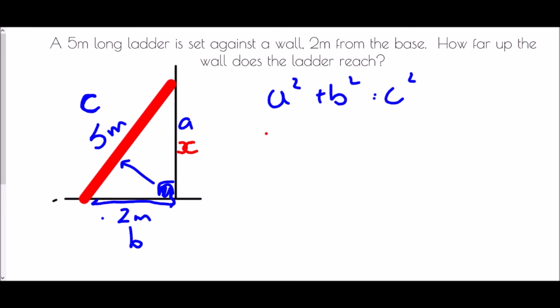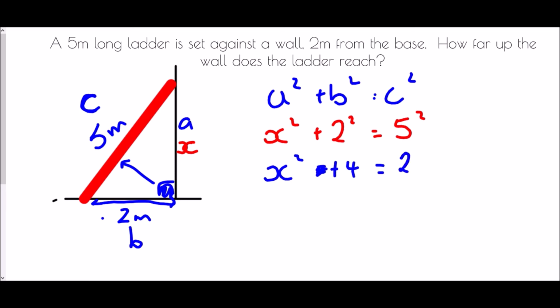Well, A is x, B is 2, and C is 5. And so let's just work out each value in there. Well, 2 squared is 4, 5 squared is 25. How am I going to get x squared on its own? Well, I will need to subtract. So x squared equals 25, take away 4, which is 21.